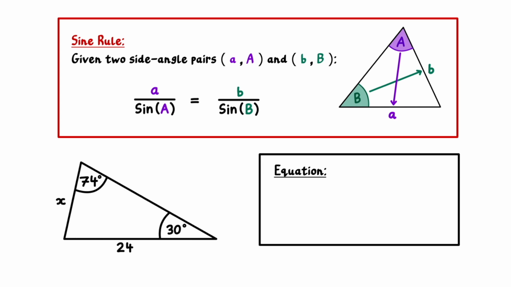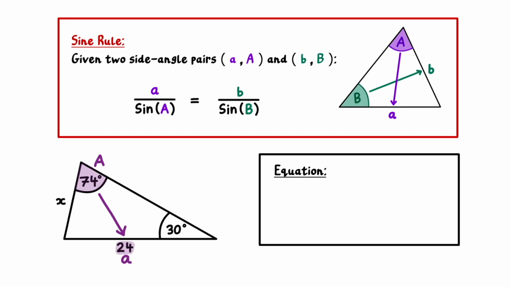Let's get some practice. In this triangle, we have one complete side angle pair, the 74-degree angle and the side of length 24. Let's label these with capital A and lowercase a.